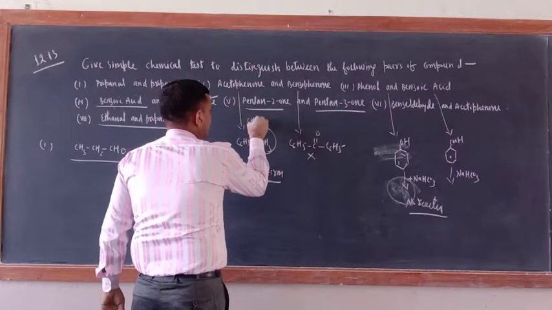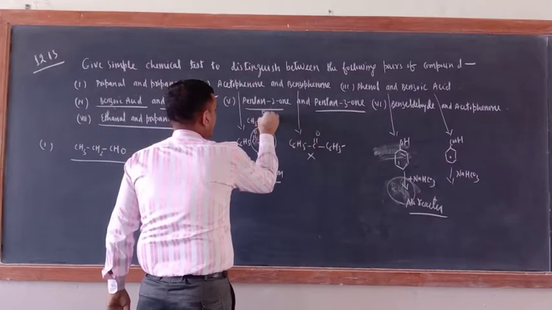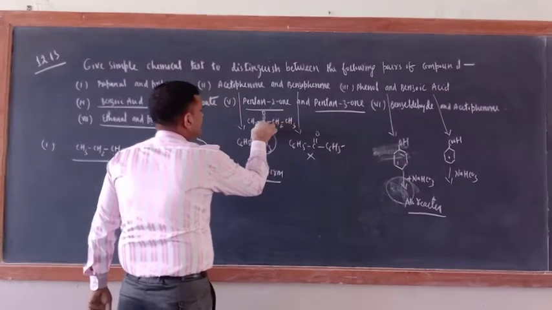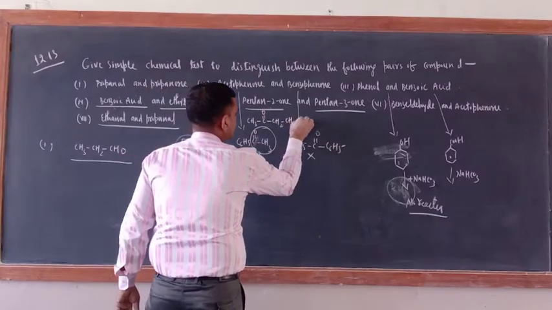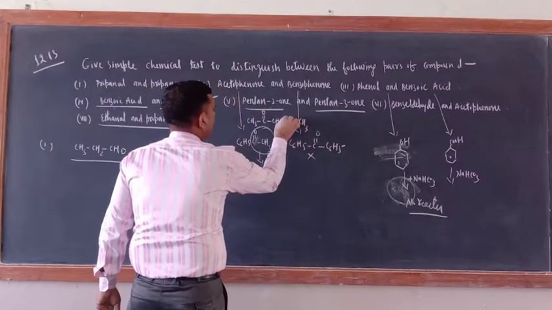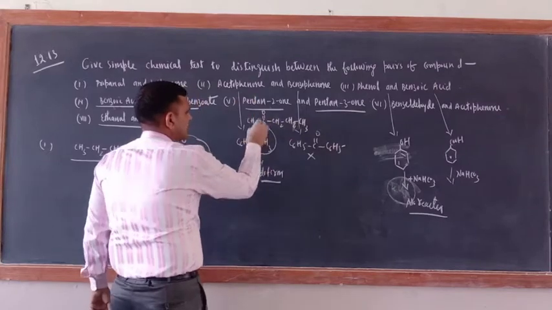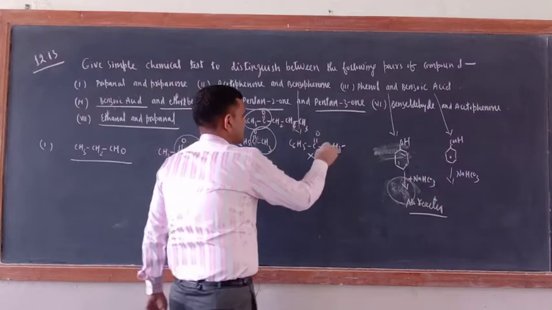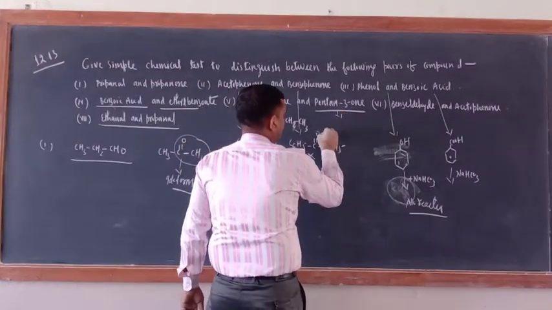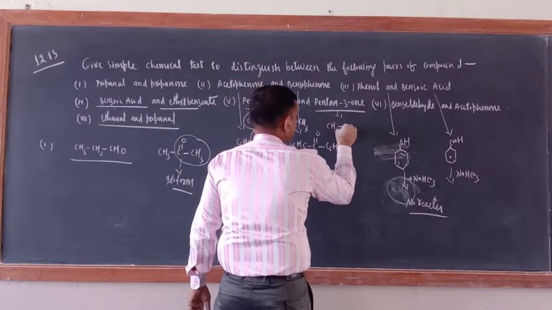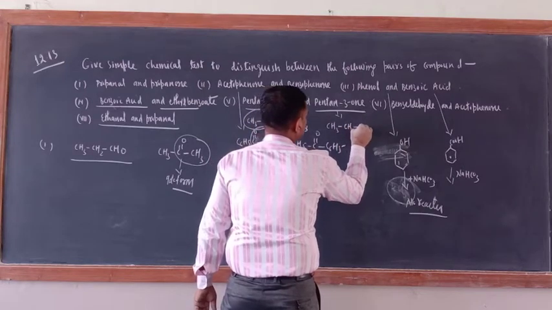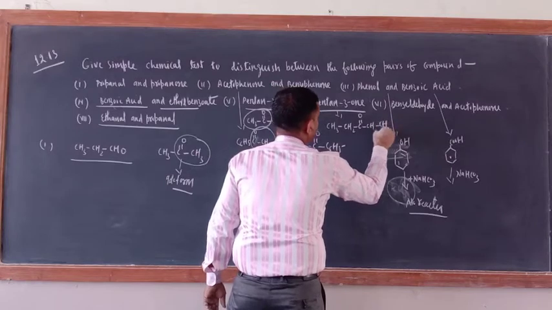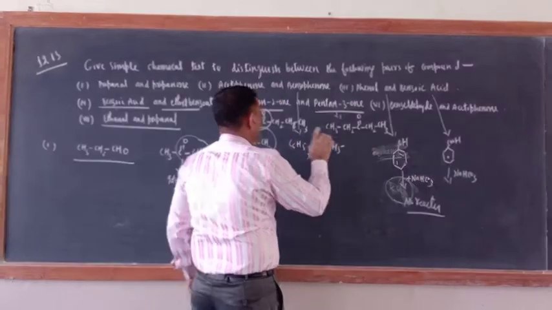Just see, CH3 C double bond O CH2 CH3, carbons 1 2 3 4. Please write here CH2 CH3, 1 2 3 4 5. This is pentane 2-one. It contains the CH3CO group. This is pentane 3-one. Pentane 3-one means CH3CH2 C double bond O CH2CH3.